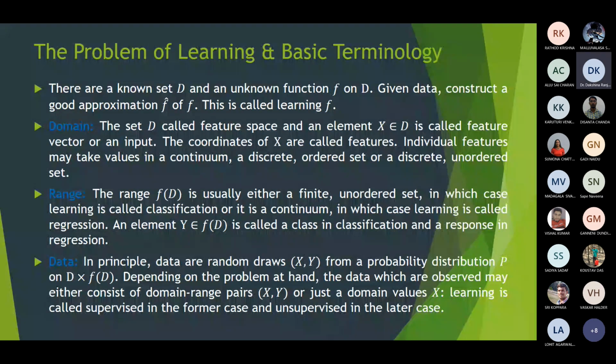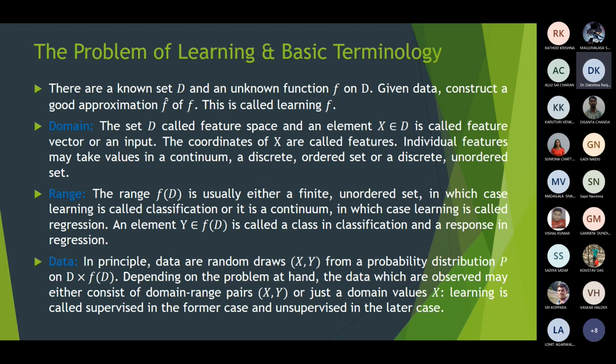And when we consider a learning system, we can consider a data set D, and again we consider the unknown function f, and this function is considered to be defined on this data set D. And considering this data, we can construct a good approximation of this function f, and this is called learning.